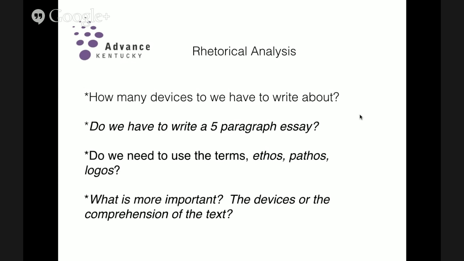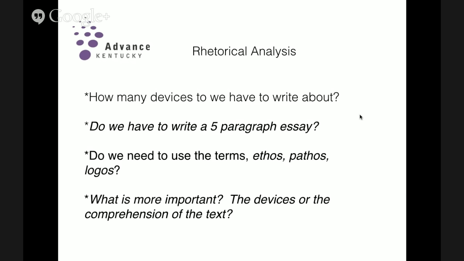The most important thing for you to do is to be able to recognize what's happening in the passage and to be able to say the author is appealing to the reader's emotions by using X, Y, and Z. Or the author is appealing to our logic by showing us all of these facts and these numbers, etc. And that leads into what is more important, the devices or the comprehension of the text.